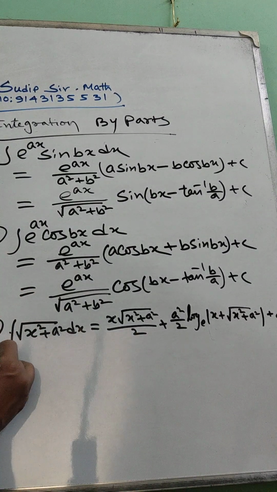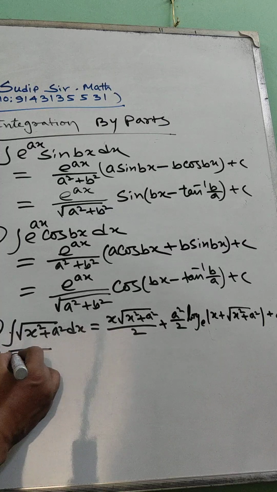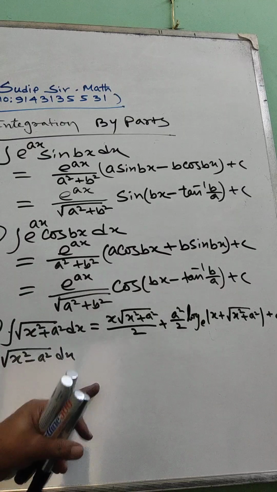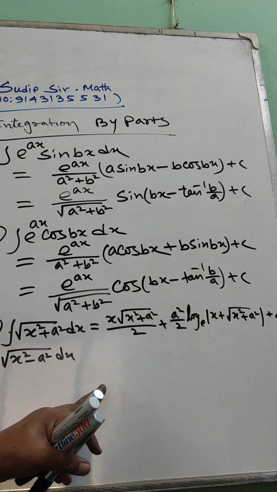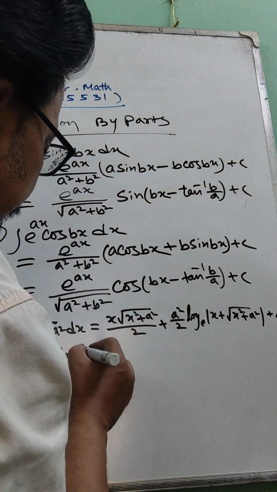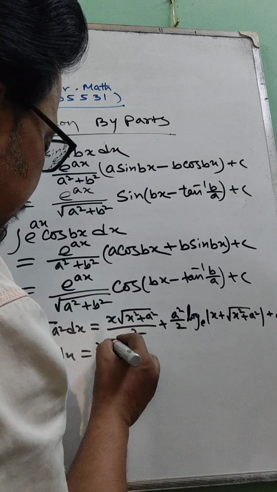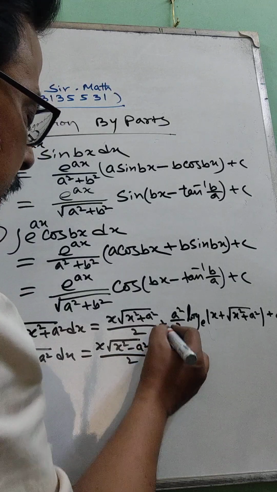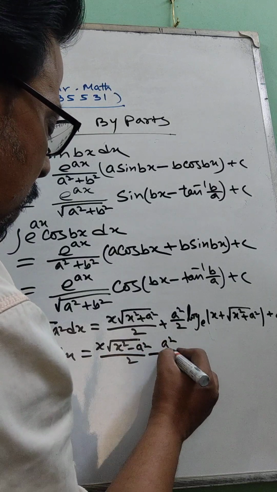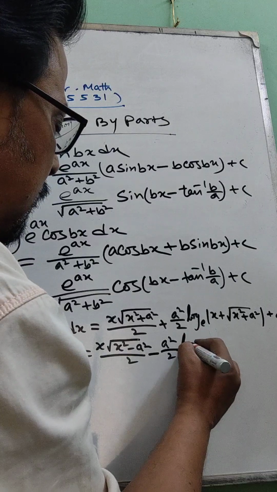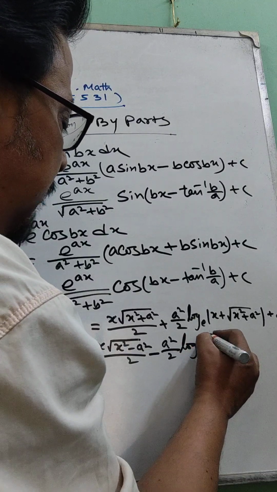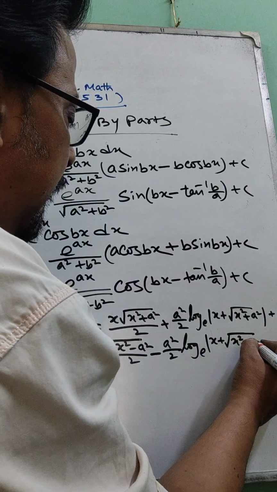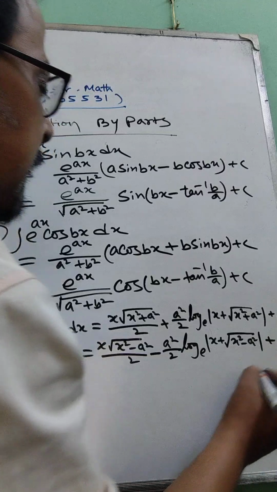And like this, another formula: integration of root over of x square minus a square dx. This formula is same, just x root over of x square minus a square by 2 minus a square by 2 log of same x plus root over of x square minus a square plus c.